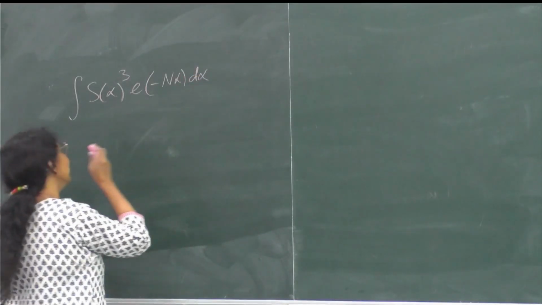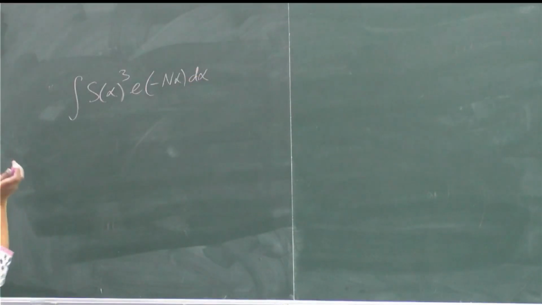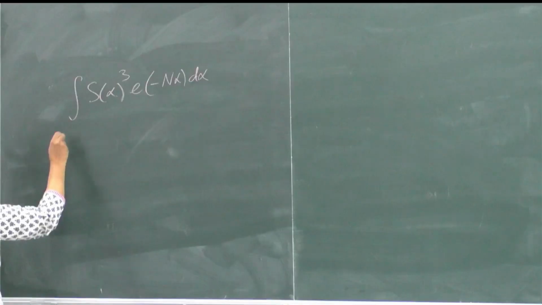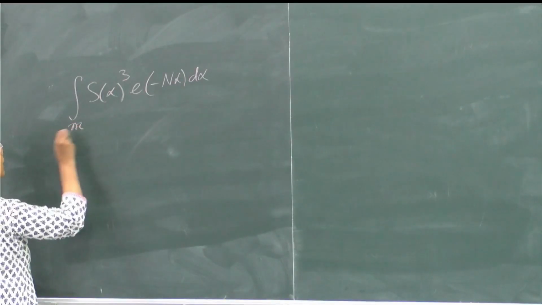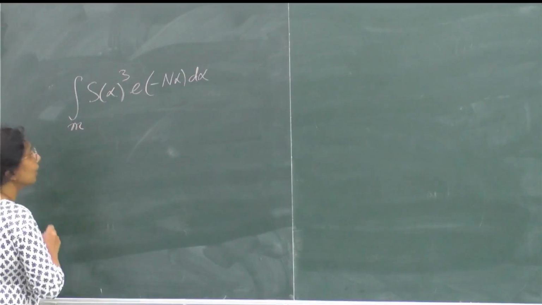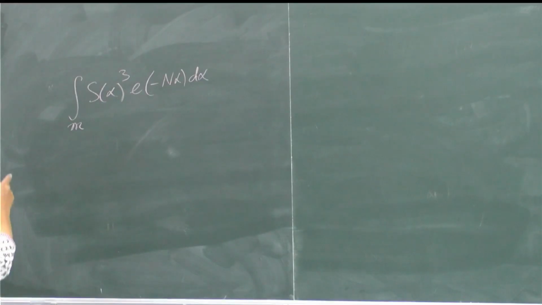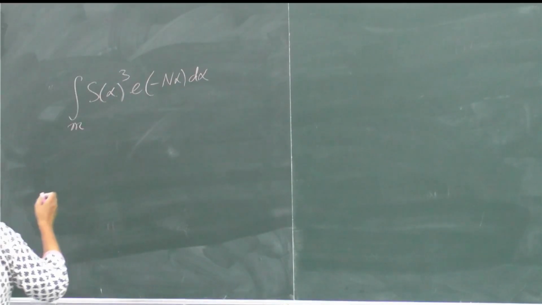Yeah, this was the one. But this time we want to see this over the minors. Okay? So these are the minors. This is small n. It's quite difficult to distinguish on the board between a big Gothic m and a small Gothic m. It's a bit difficult. But we are talking about minor arcs. So this is small, okay? Small.